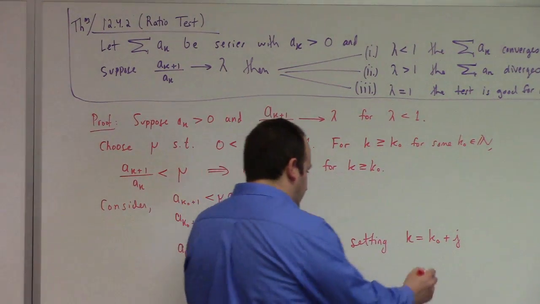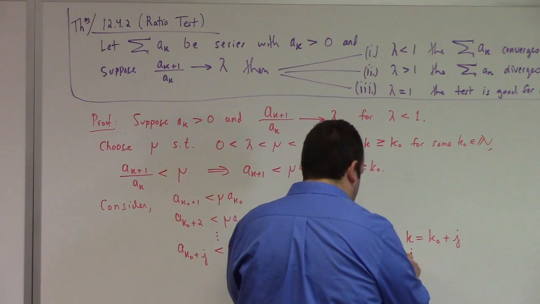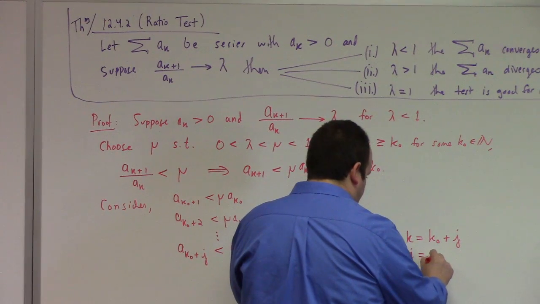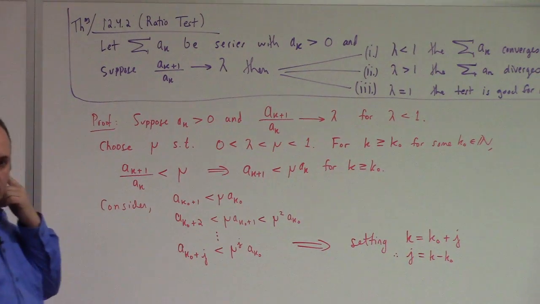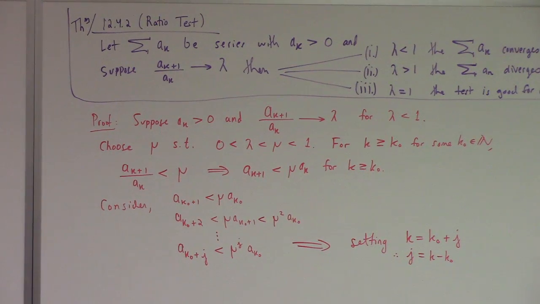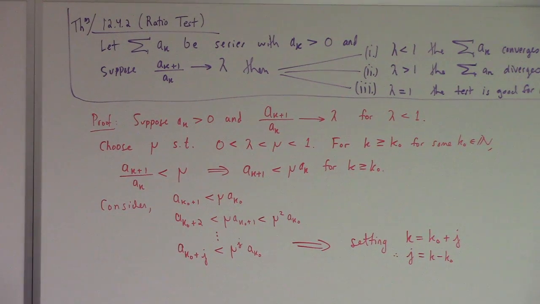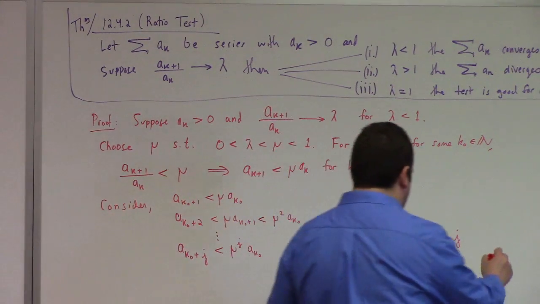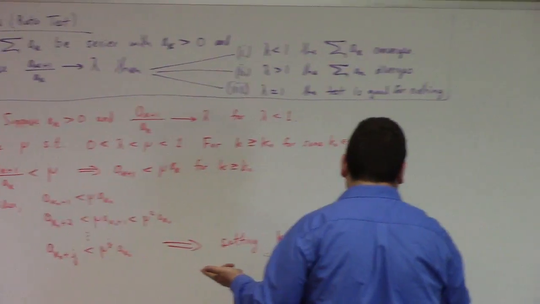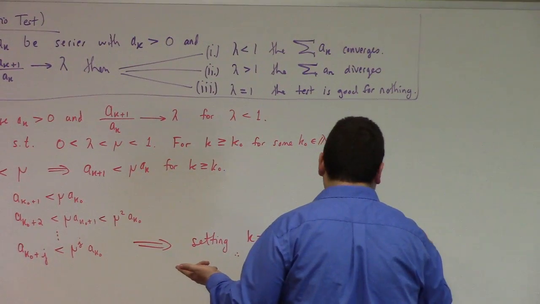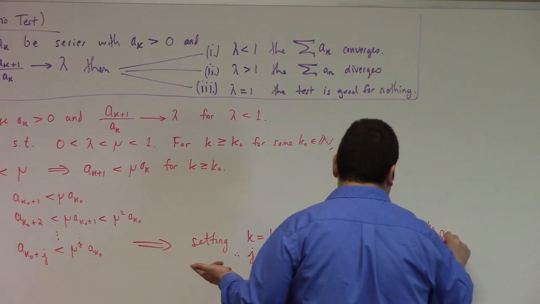Solve for j. j is equal to k minus k naught. These are both j's, all right. So this gives me a sub k is less than mu to the k minus k naught times a sub k naught.